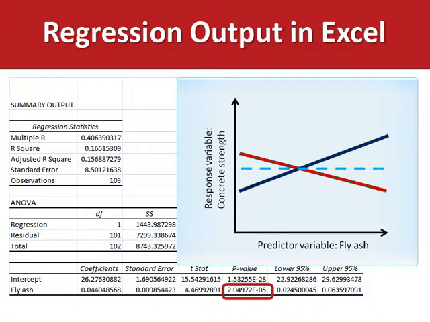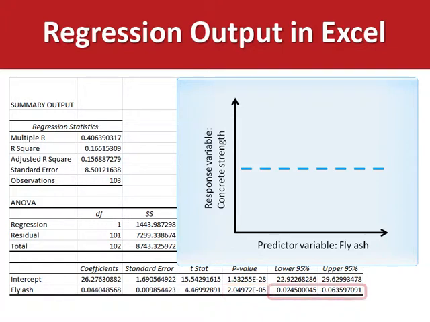The p-value can be interpreted as the probability that the coefficient, that is the slope of the line, is zero. Now in this case, the probability is extremely small, 10 to the negative 5, which confirms what we knew already because our confidence interval does not include zero.